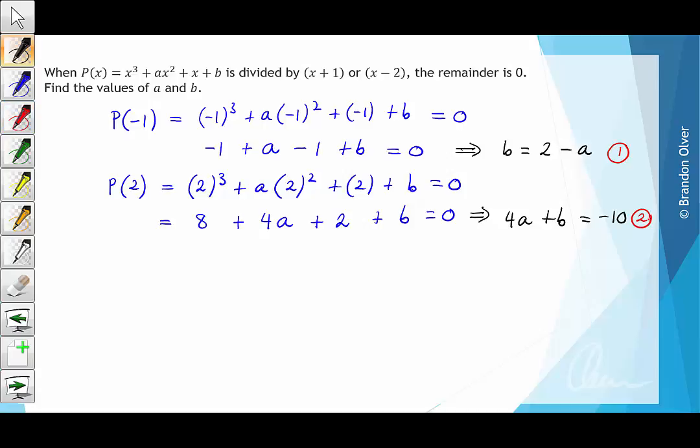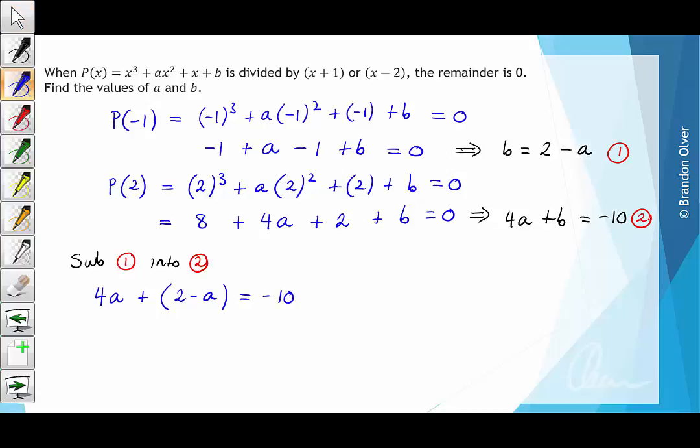So the next thing we're going to do is we're going to substitute equation 1 into equation 2. Equation 2 is 4 times a plus b, but we're going to replace b with 2 minus a, and that's going to equal -10.